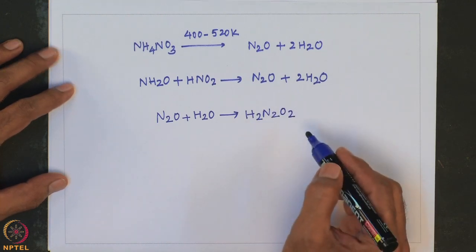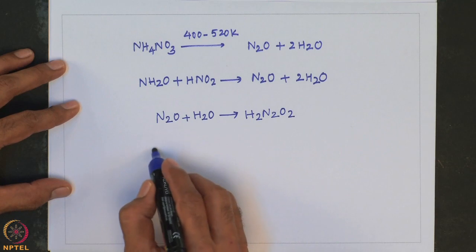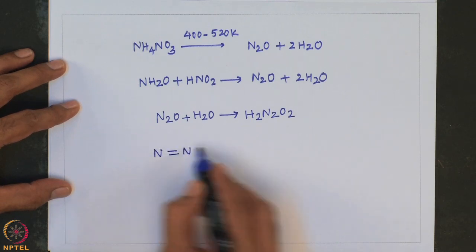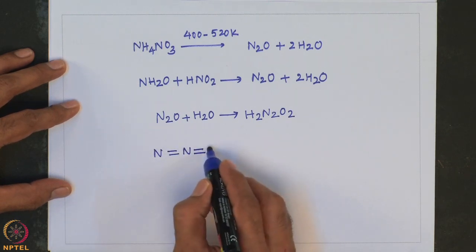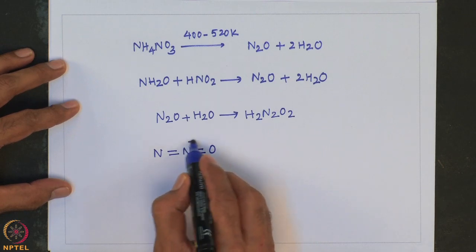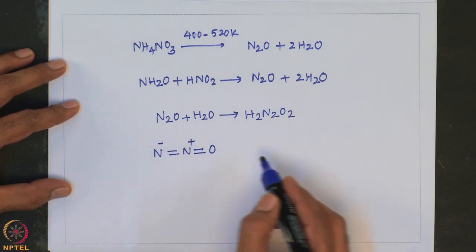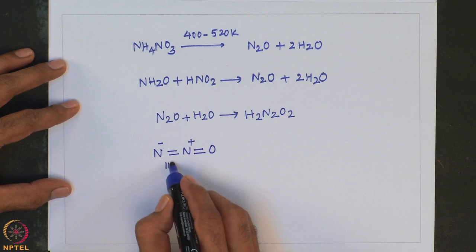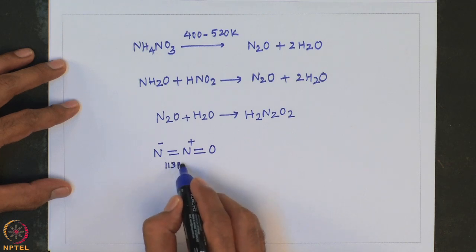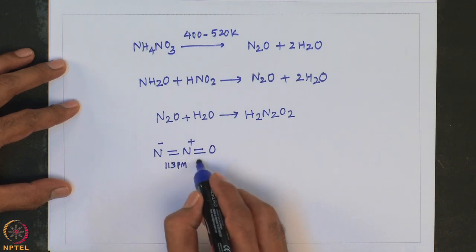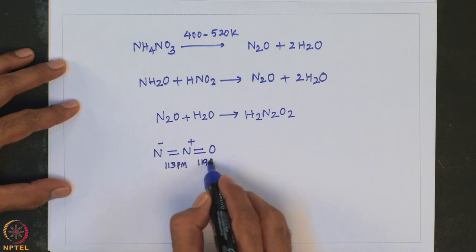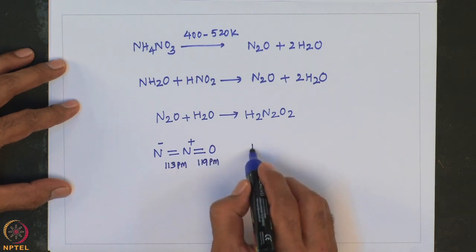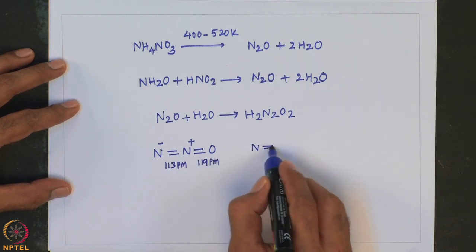If you are curious to know the structure of N2O, this is how one can write it. Here it is 113 picometer, and this one is a little longer. One can also write this structure.